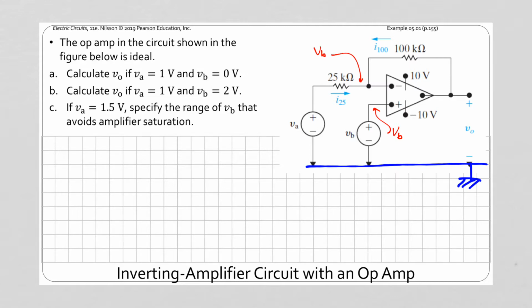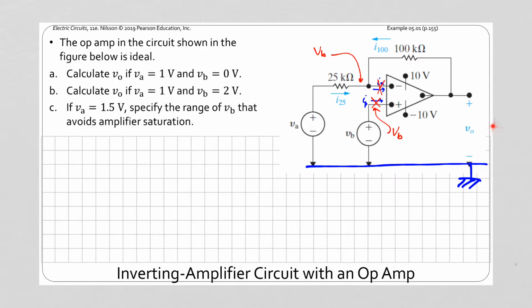We also know that the currents flowing into the two terminals are going to be zero. We have very large input resistances for the two input terminals of the op-amp, so we don't have to worry about the current there.